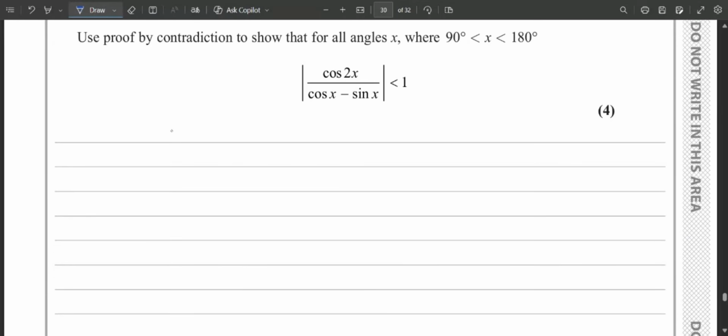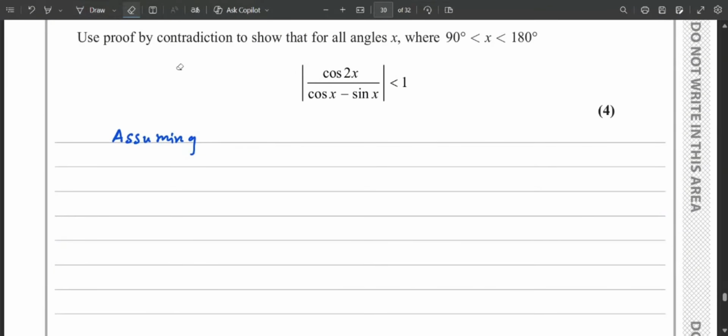So at first we will assume the opposite. We need to prove that for all angles our expression is less than 1, so we will assume the opposite.